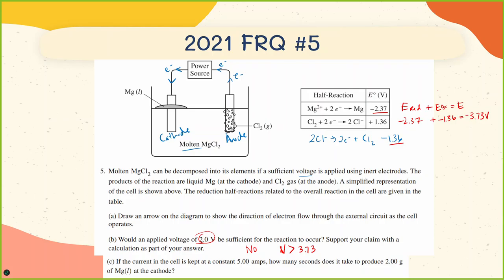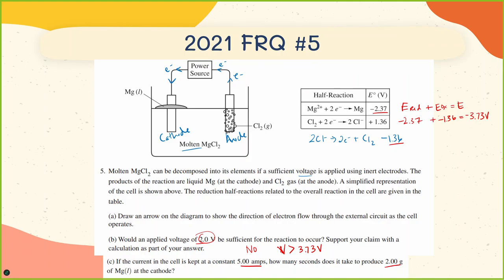Your voltage would need to be above the absolute value of the negative E cell there, so it must be above that number of volts in order to run and overcome its unfavorability. Now, if the current of the cell is kept at 5 amps, how many seconds does it take to produce 2 grams of the magnesium?